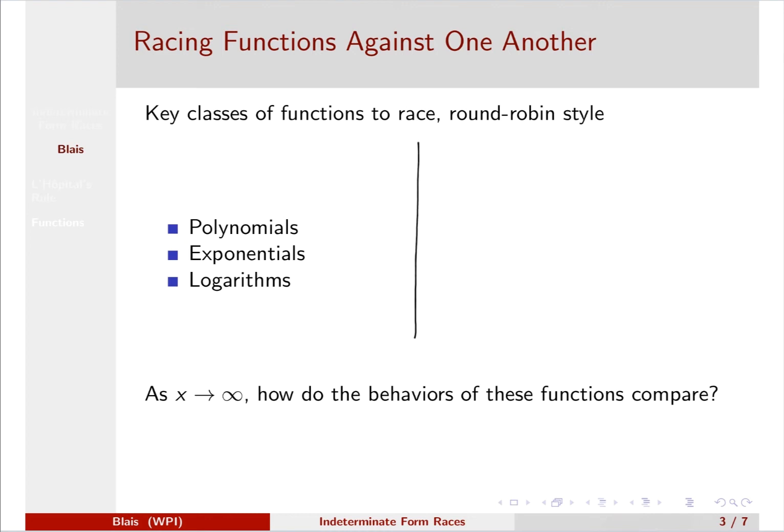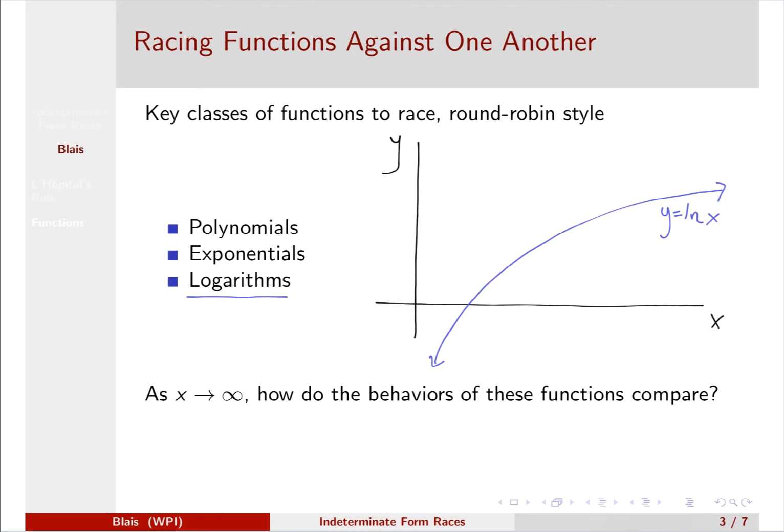the graphs of these, as we've learned previously, if you have, say, a logarithm, so y equals natural log of x, we know we get something that looks like this. For a polynomial, say something like y equals x squared, we know we get something like this.